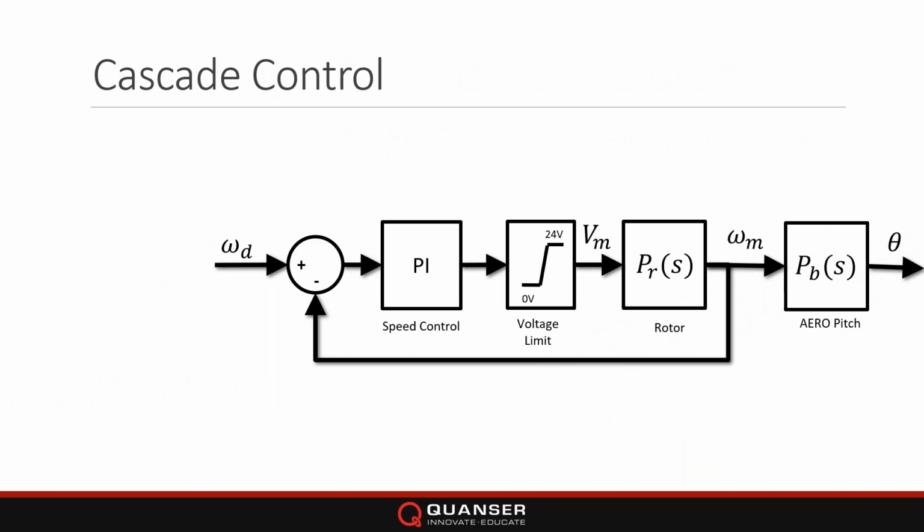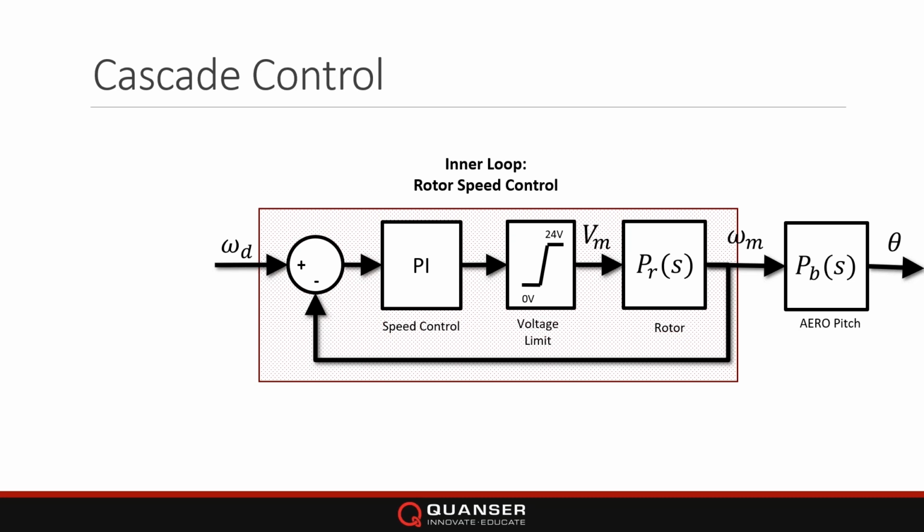So what we're proposing, and what we're going to be doing in this webinar, is designing a cascade control. In order to mitigate the dynamics of the rotor, we're going to develop an inner speed control loop using a PI controller to regulate the speed of the rotor.